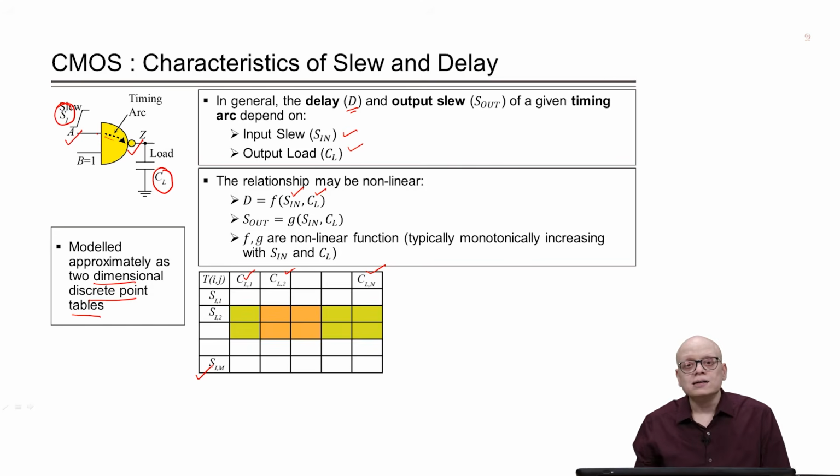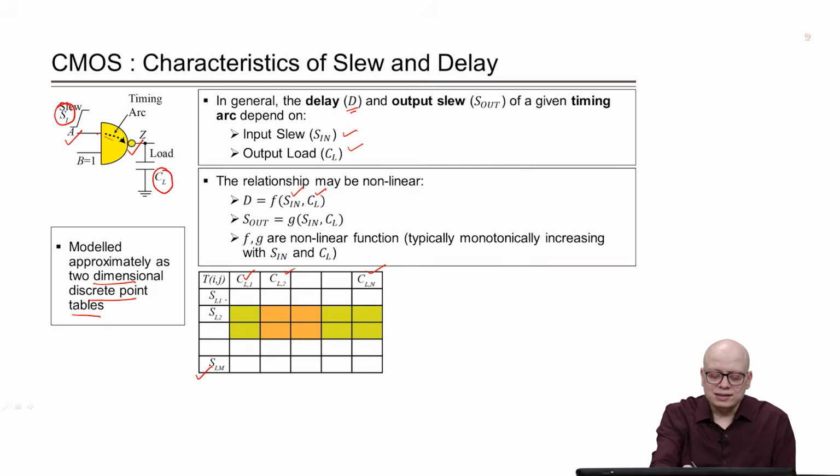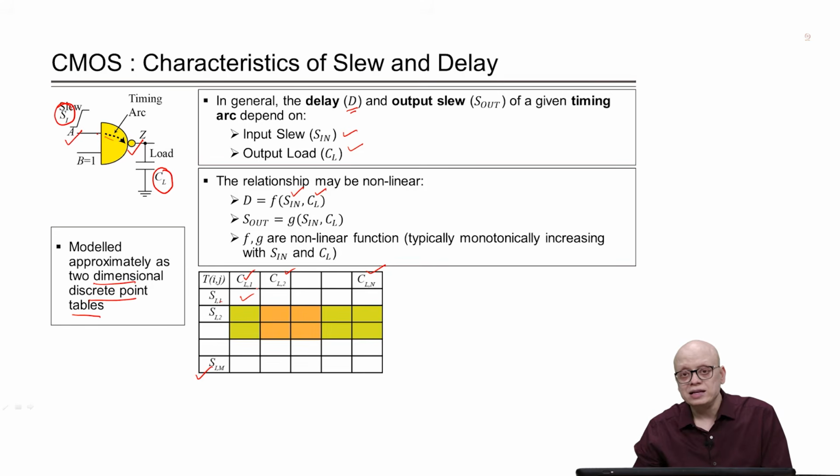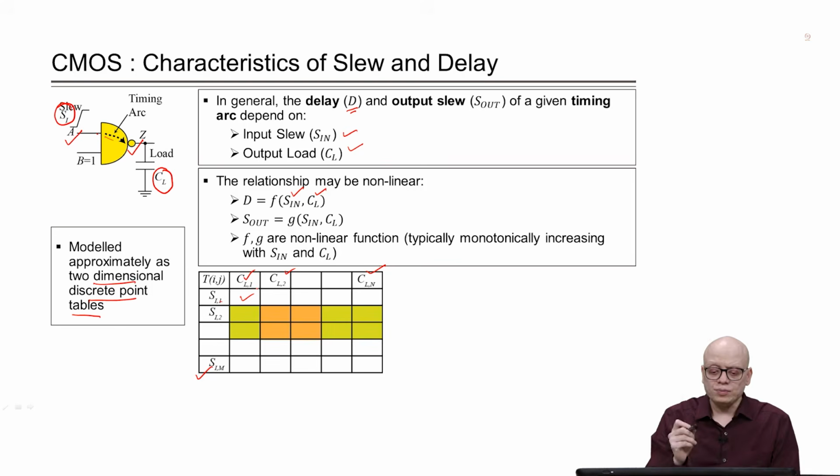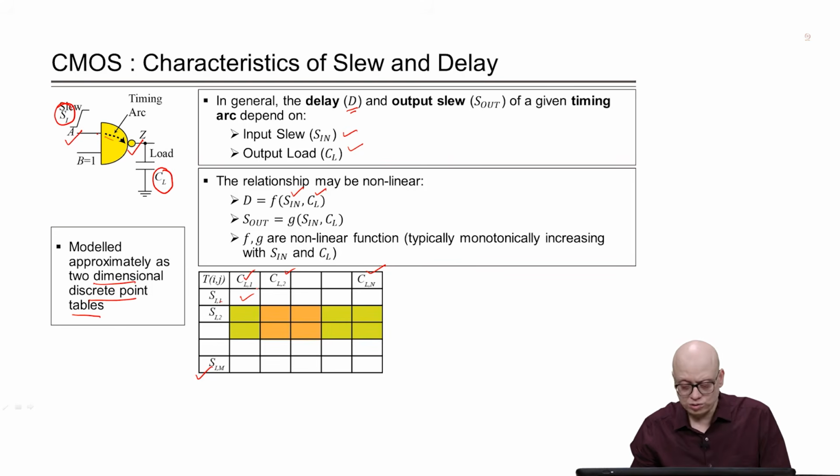So, these are the input slews. Now, for each discrete slew and capacitive load, we will have a separate delay and output slew value. So, this is how we approximately model this non-linear relationship of delay and output slew on the input slew and the output load.